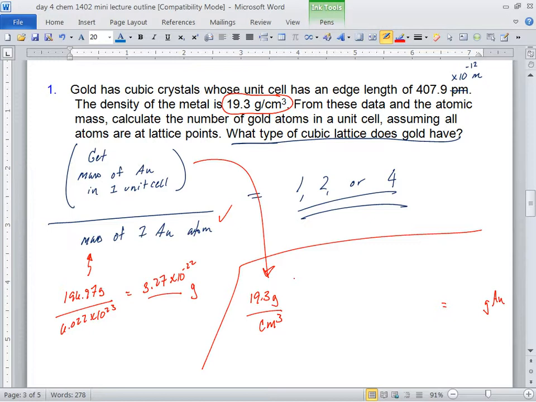What's this thing? Centimeters cubed, yeah. That's what, Megan? Volume. That's volume. Does anyone see the trick? What's that?